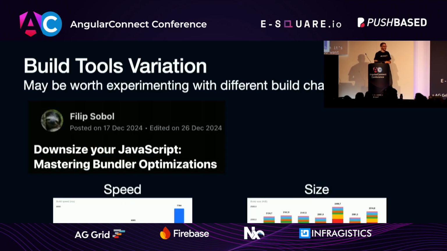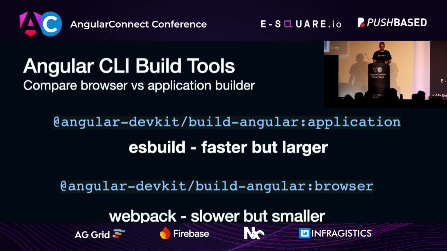It's up to you. But then also be aware that there are quite big variations in build tools. We often focus on the speed differences with the build tools that we're using, but we don't maybe consider that there are actually differences in the size of the output. There's an interesting article here about documenting this and comparing different build tools across popular libraries and frameworks, saying this is the difference that they achieve in terms of speed and size.